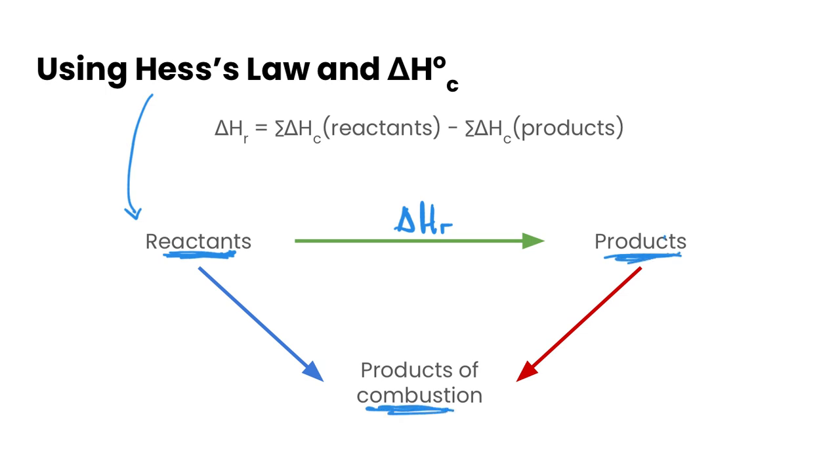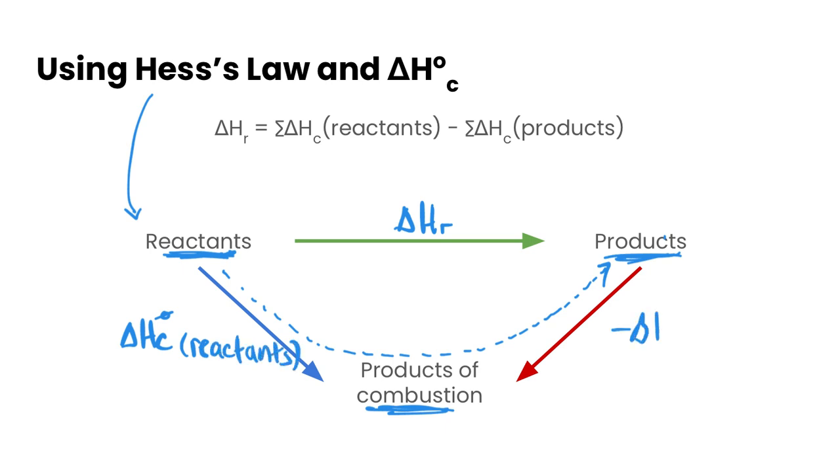So looking at the indirect route here, we would take all of the enthalpy changes of combustion of our reactants, and we would need to subtract all the enthalpy change of combustion of our products. So we are adding the enthalpy change of combustion of our reactants, and we are subtracting the enthalpy change of combustion of our products.